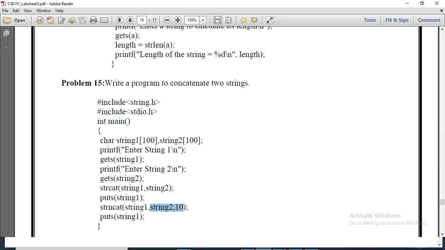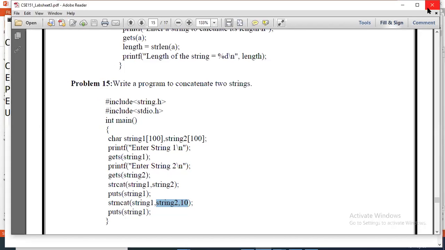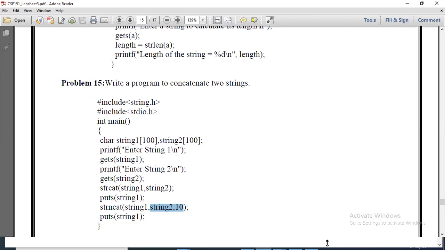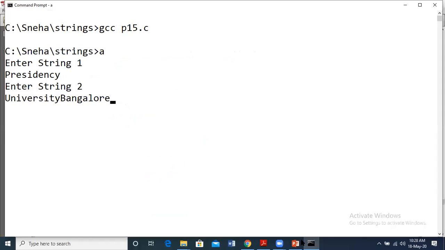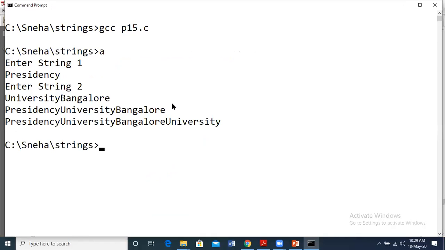So what are the first 10 letters? Tell me. In this case, first 10 letters, University only. So it means we have the output. As you can see, this is the output of strcat. This is the output of strncat.